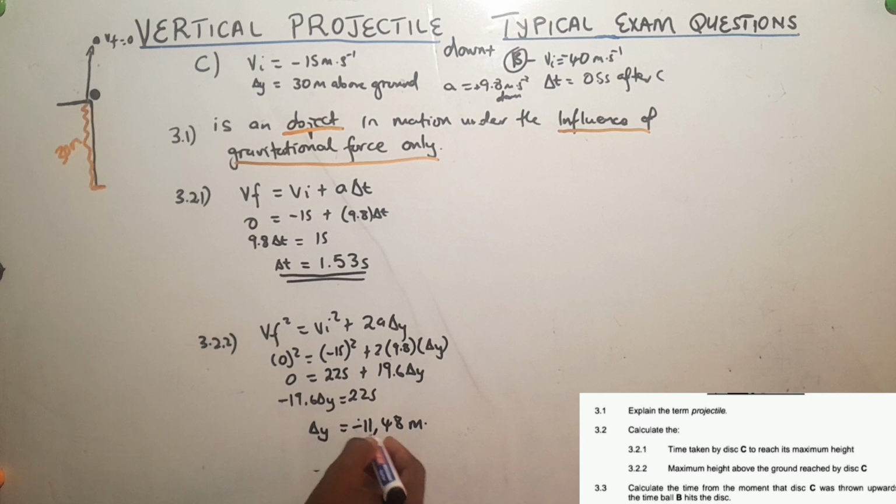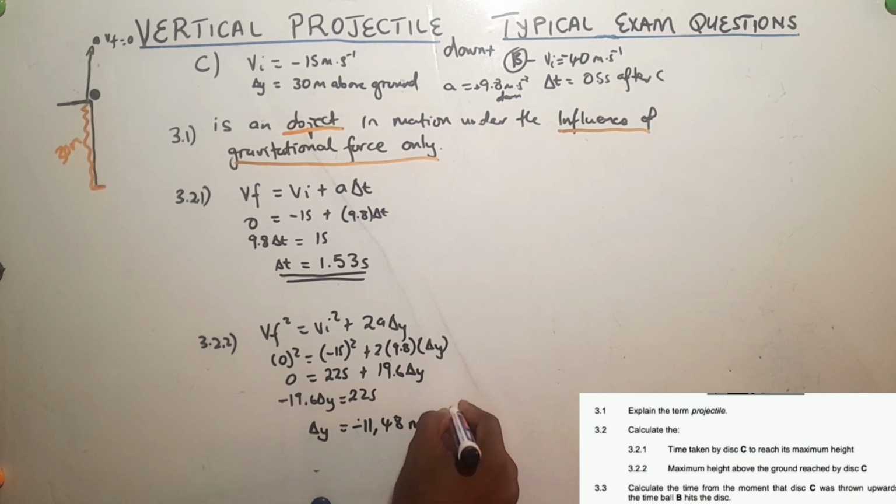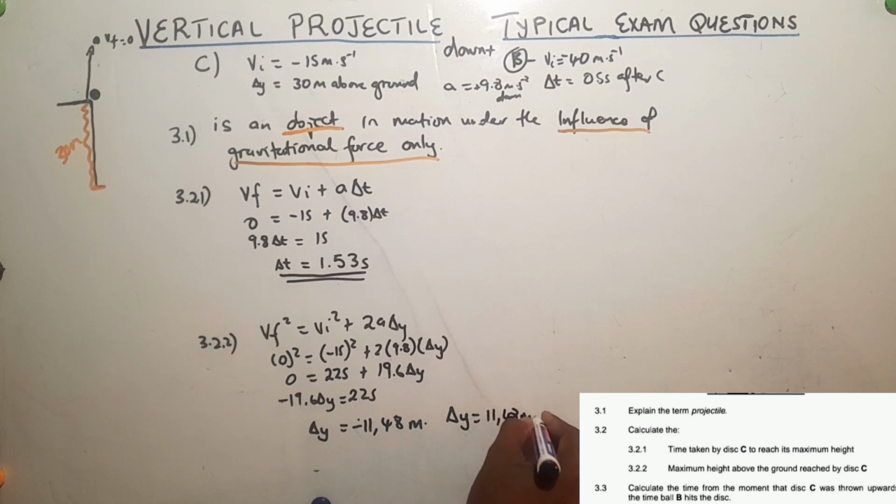But you know that negative means upwards, so it means that our displacement here is 11.48 meters upwards. So this is our displacement.